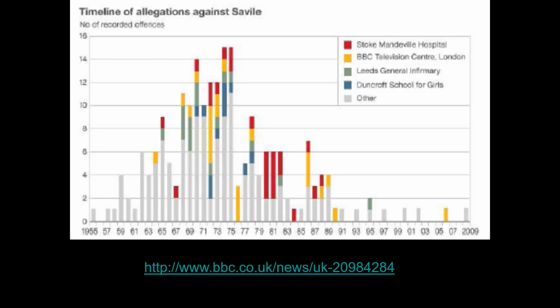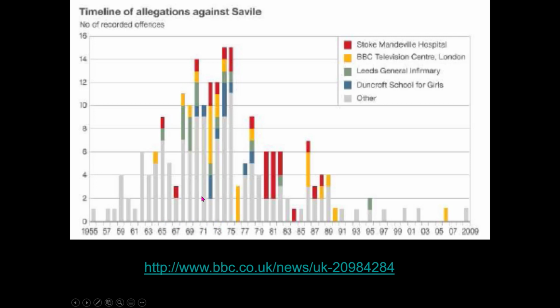In the days and weeks that followed, many people that had come in contact with this man came forward to make claims that he had sexually abused them. And what we can see in this graph, and this is taken from the BBC website, is the numbers of people that came forward alleging abuse for each year.